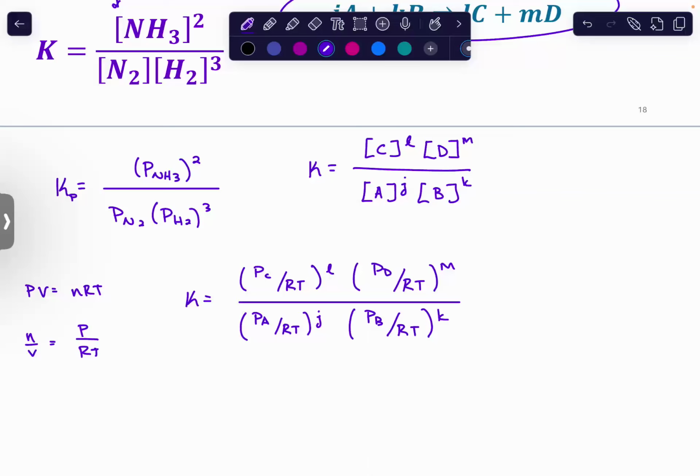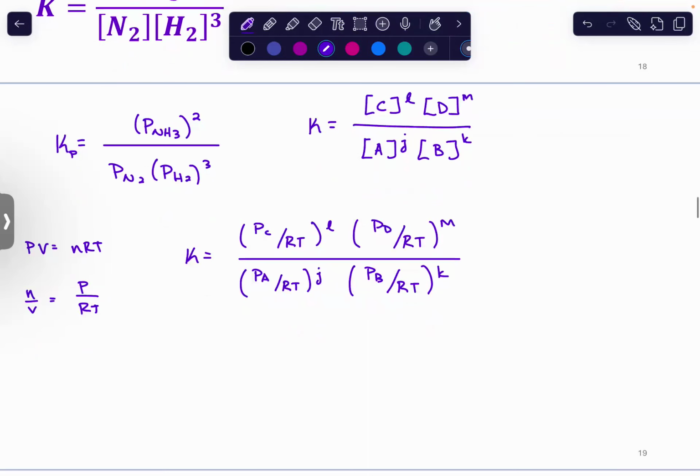Okay. Now, going to rely on how experienced you are with exponents. Because I can take those exponents in and have the numerators and denominators each raised to the same exponent.